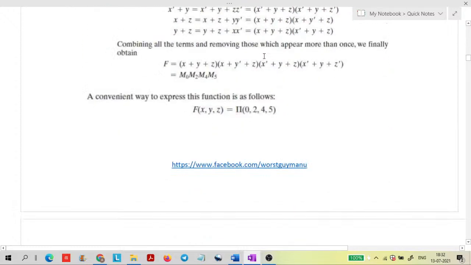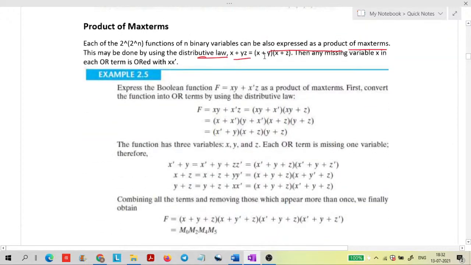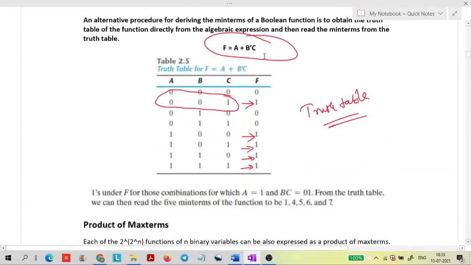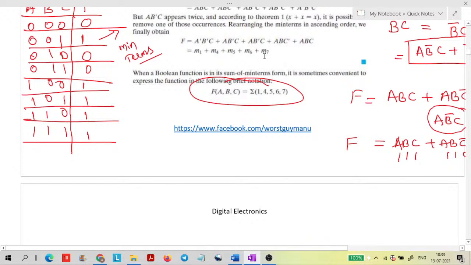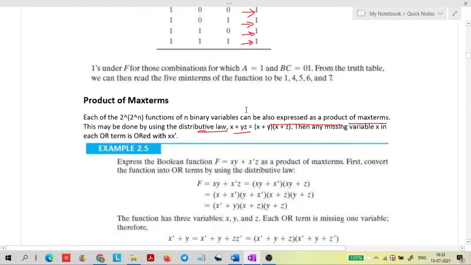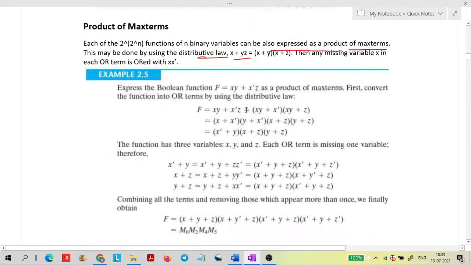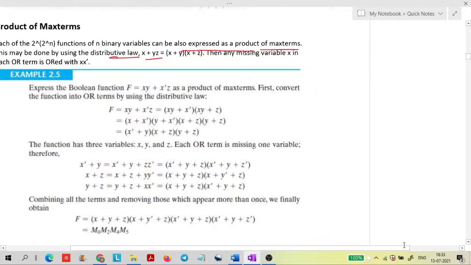In minterms, the sum of minterms represents the function with 1, 4, 5, 6, 7, the function with output one in the truth table. Similar to that, we'll discuss this maxterm.